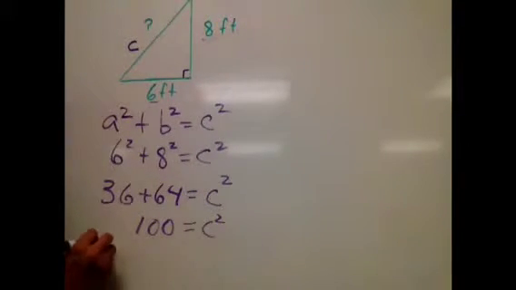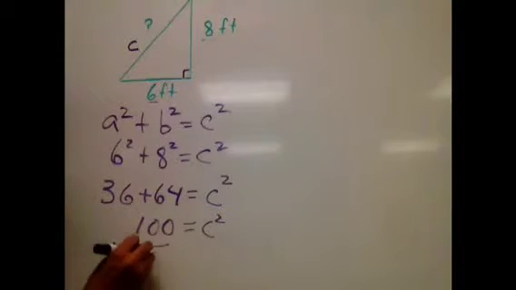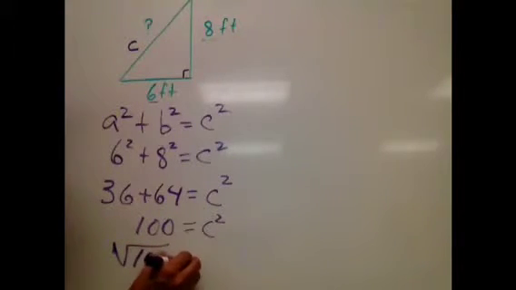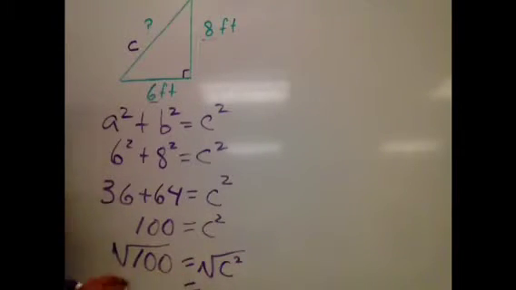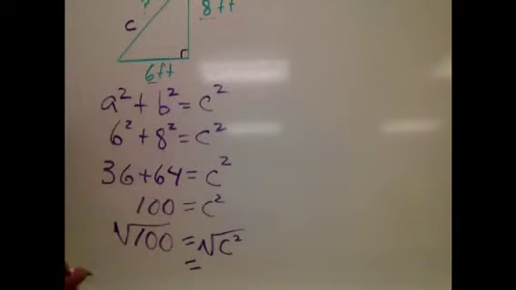All right. So let's find the square root of 100. The square root of C squared. Okay, this side over here is the same thing as 10 times 10. So we're going to put down square root of 100 is 10 squared, 10 times 10.